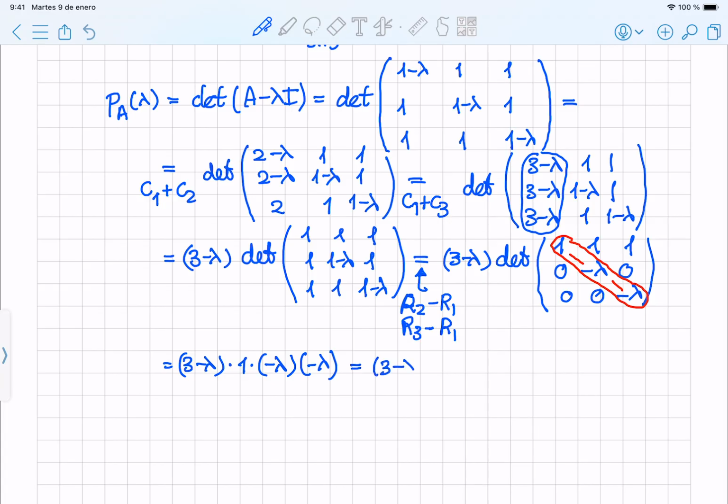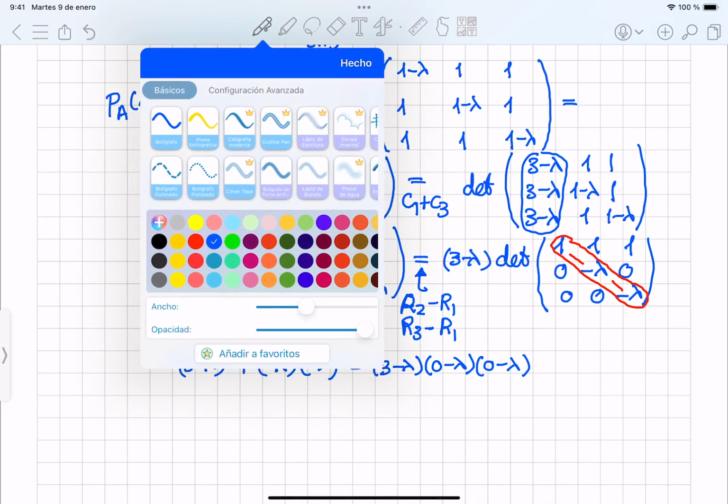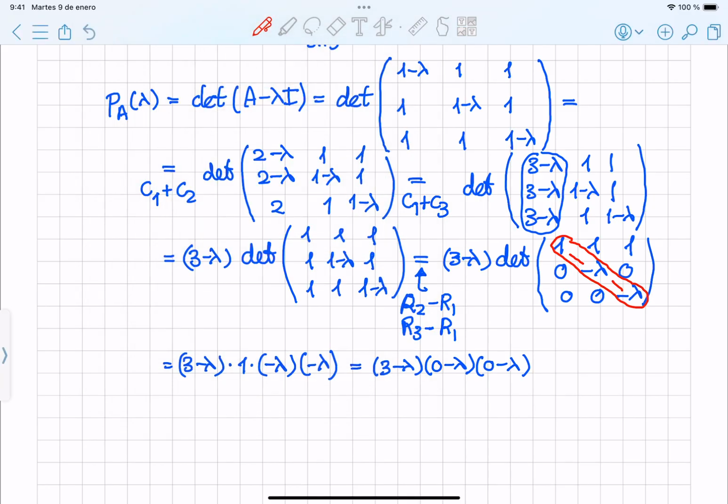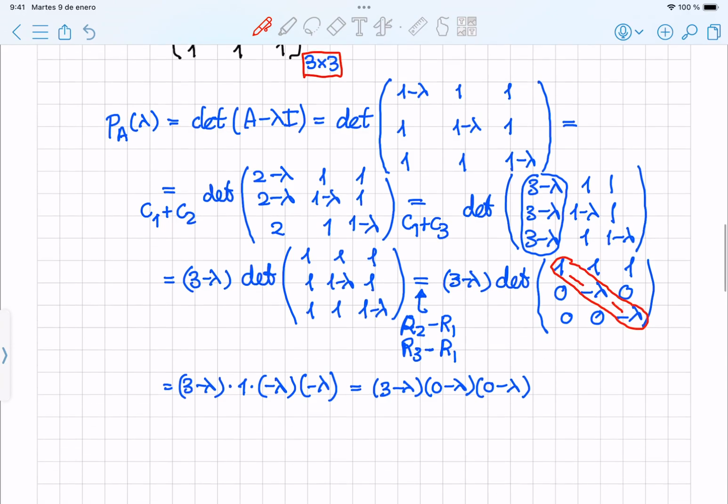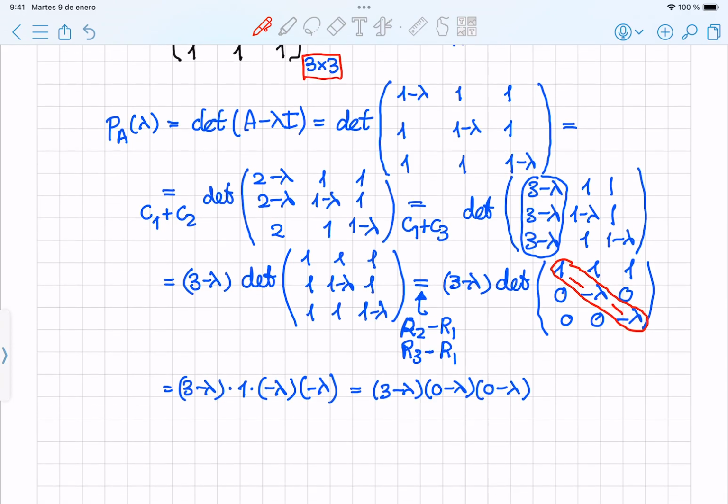It is just writing it like this: the factor 3 minus lambda, the second factor 0 minus lambda, and the third one 0 minus lambda. This is a consequence of the fundamental theorem of algebra: if we are in a 3 by 3 matrix, and observe this point because it is important, then the degree of the polynomial is 3.